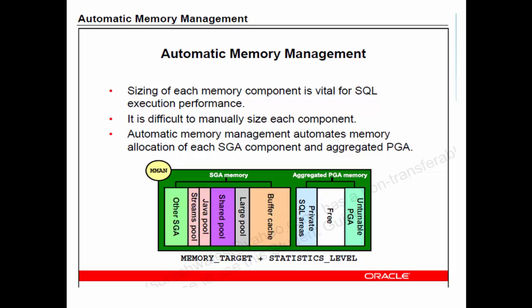The SGA memory will have the buffer cache, large pool, shared pool, Java pool, streams pool, and other SGA components. In the aggregated PGA memory, you have untunable PGA, and free and private SQL areas. Sizing of each memory component is vital for SQL execution performance. It's difficult to manually size each component. Automatic memory management automates memory allocation of each SGA component and the aggregated PGA.